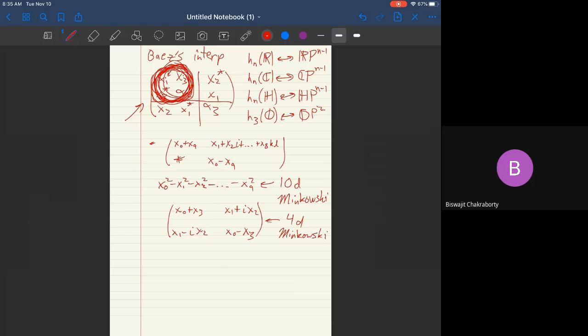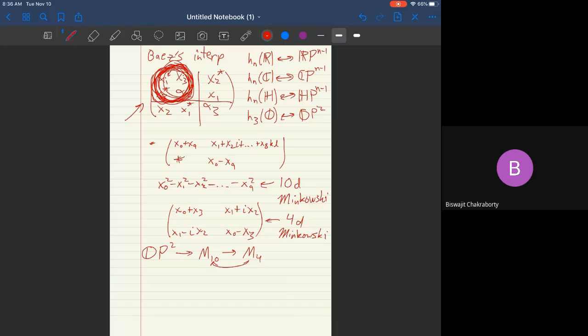And so Baez has this kind of interpretation that you start with the geometric space. Another way to say what Todorov is doing is that he's starting with a geometric space, the octonionic projective plane, and first he's asking for the symmetries that fix a certain geometric subspace, which has a geometric interpretation as a copy of 10-dimensional Minkowski space, and then he further restricts to the symmetries which also fix a copy of 4D Minkowski space, which is embedded in this 10D Minkowski space.